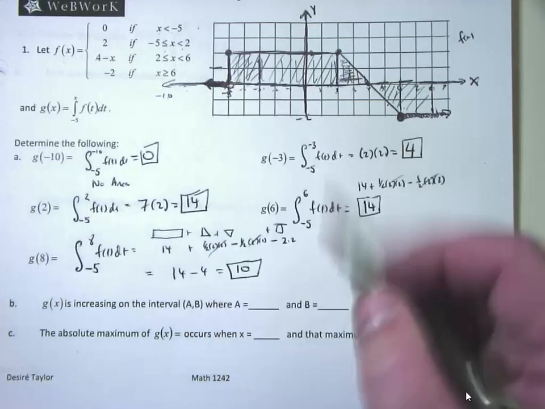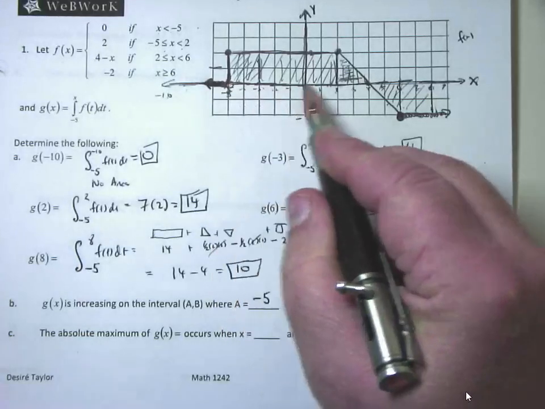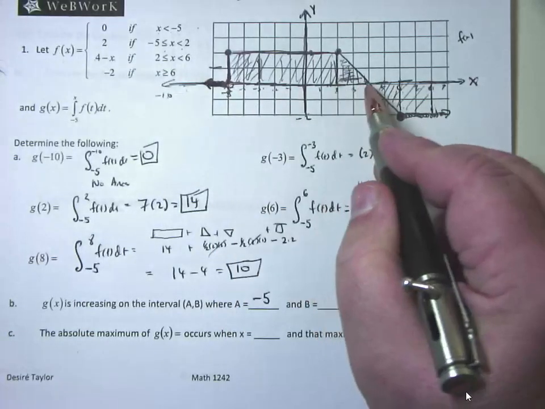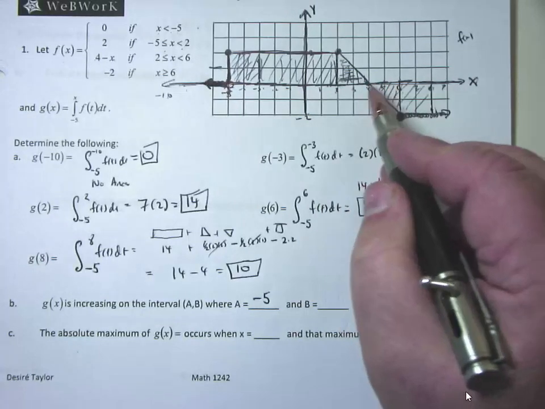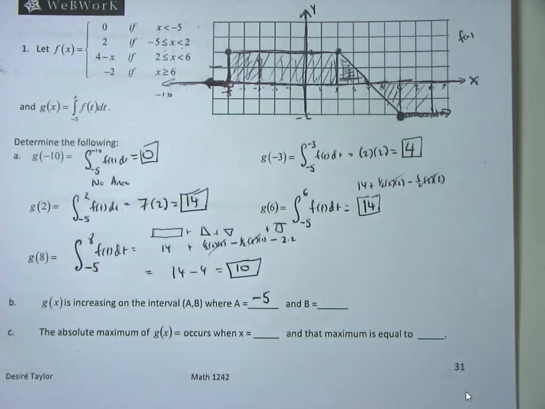At -5, when x is -5. And we got more area, up here it's 14. We got some more area right here. And then once you got past 4, what happens? We got area, but it's now located below the x-axis, which means it's negative. We start taking away area. Does that make sense? So where is the area increasing? From what point to what point, and where does it actually stop increasing?